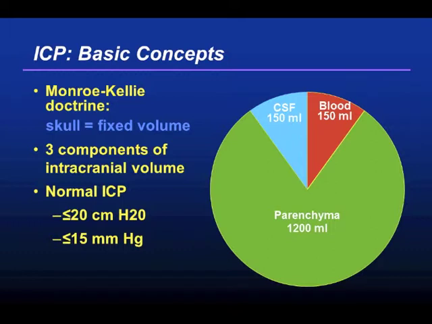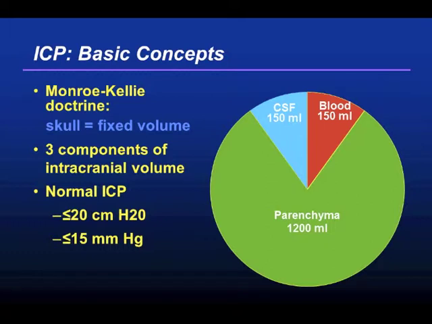This slide illustrates the normal contents of what's in our skull. Most of it, 80%, is brain. Maybe 12% is CSF volume, and another 12 to 15% is blood. The brain is an extremely vascular organ.